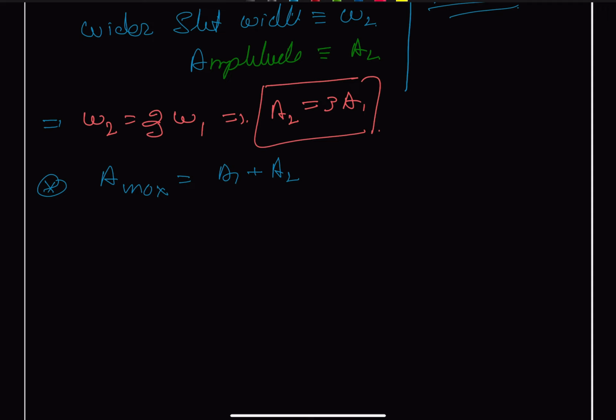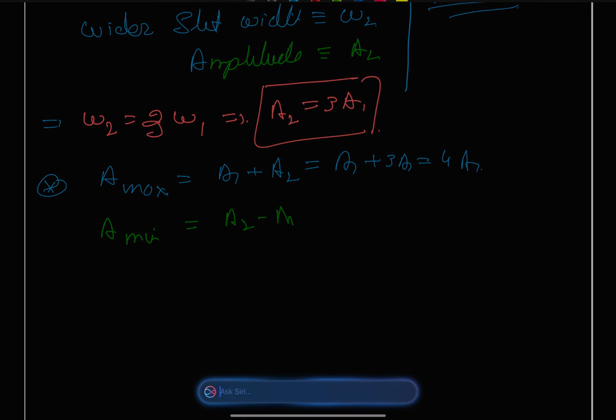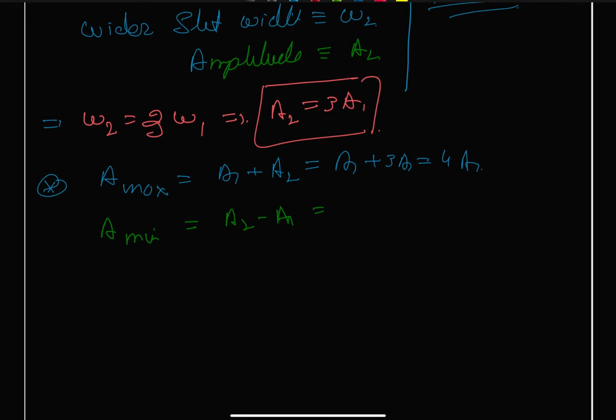A2 is our 3A1, so we can write this as A1 plus 3A1 giving us 4A1, and our minimum is equal to A2 minus A1, this comes as thrice A1 minus A1 giving us 2A1, and intensity is directly proportional to the square of amplitude.